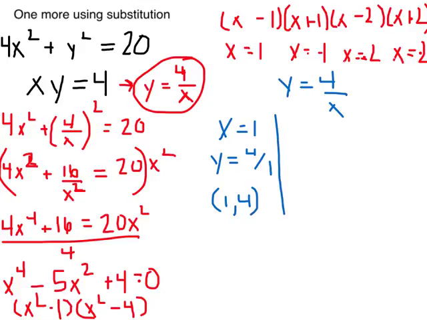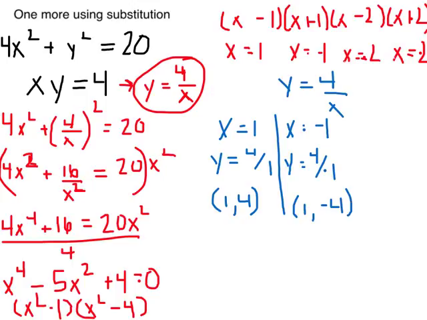When x equals negative 1, we get y equals 4 divided by negative 1, or the point negative 1, negative 4.